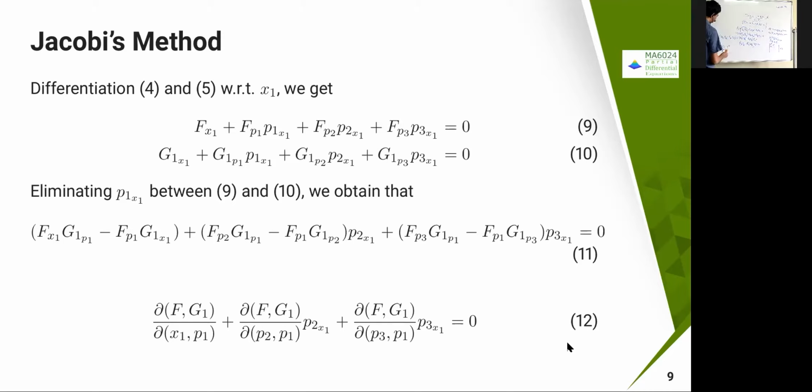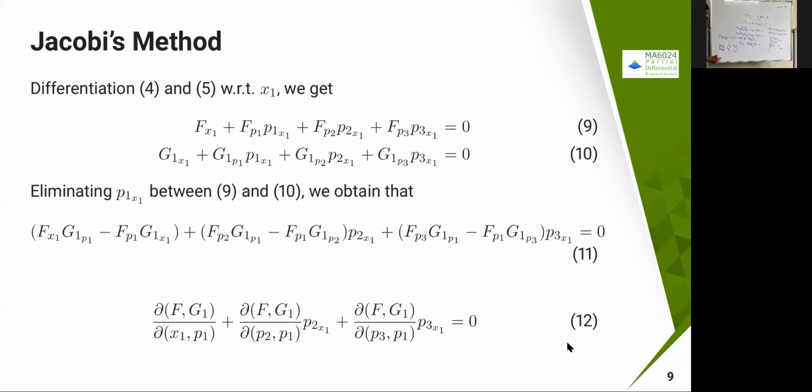So fx1 comes, then here I can put g1 x1, and with respect to p1 I can put fp1 and gp1. If I take the determinant, this is going to be fx1 gp1 minus fp1 g1 x1, correct.